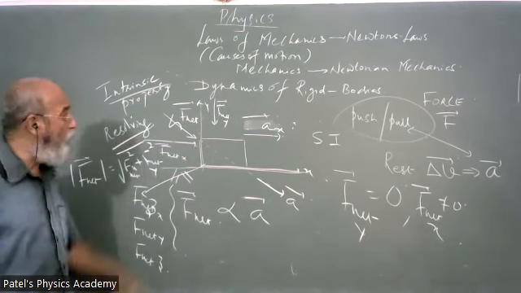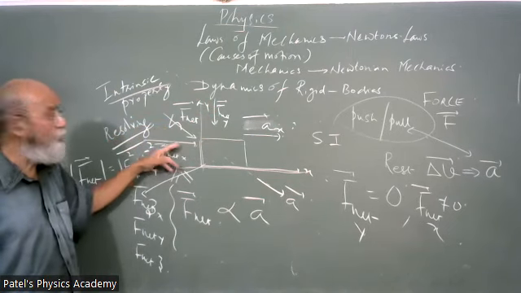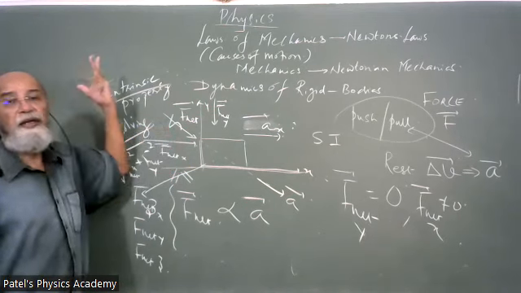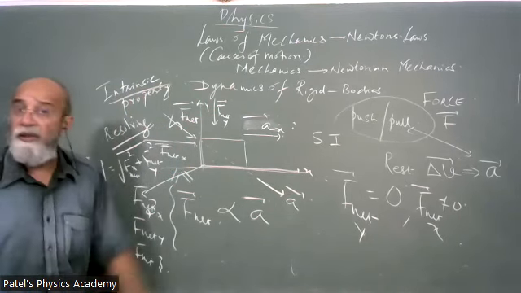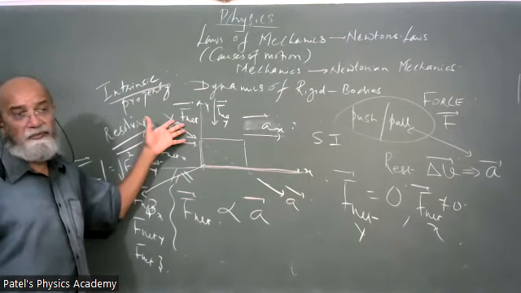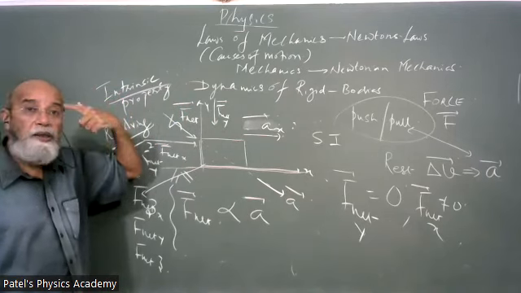Correct? Because we are breaking it up into two components which are right angled to each other. Correct? And using the addition of vectors which we learned, that gives you the result. So we will resolve. Understand?